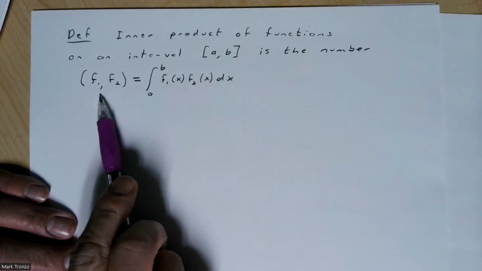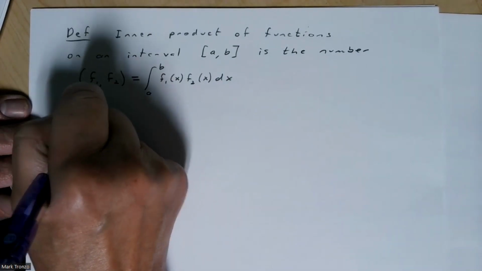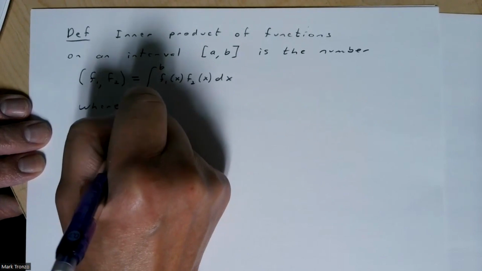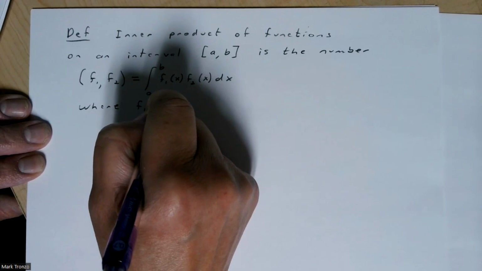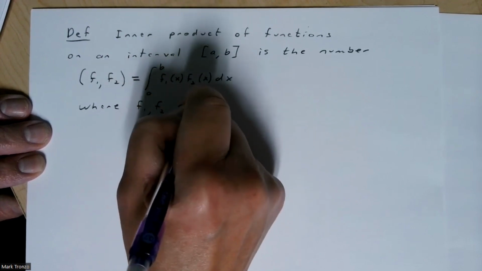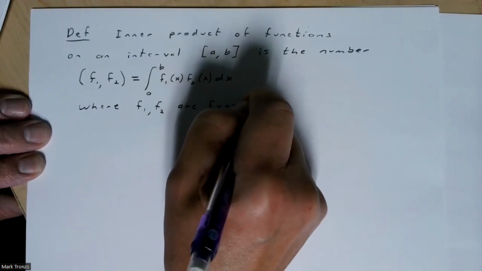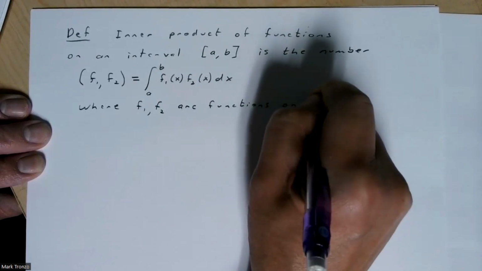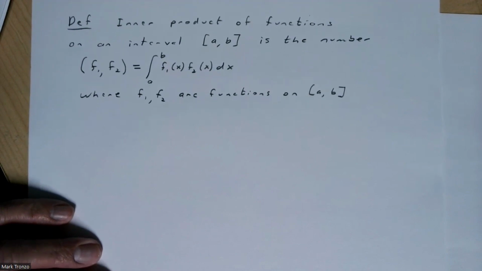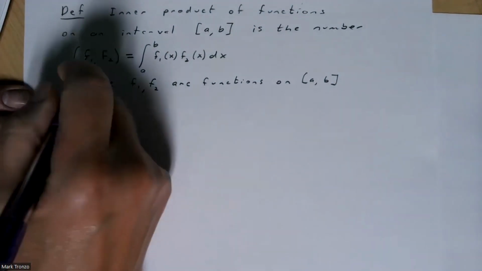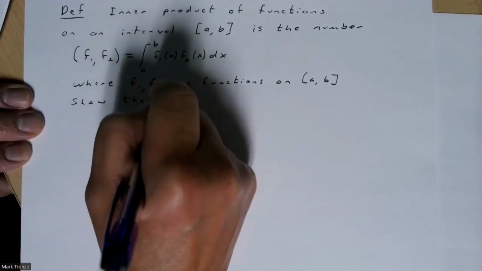In this case, the vectors are going to be functions, where F1 and F2 are functions on that interval. And now what we're going to try to do is show that this is an inner product.